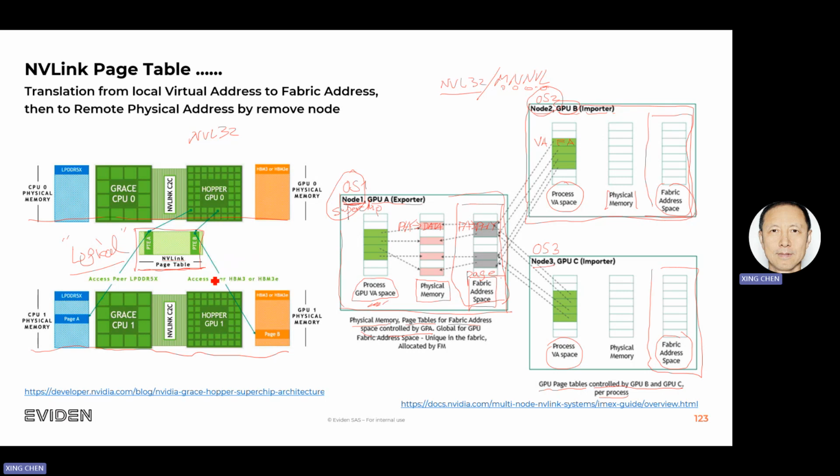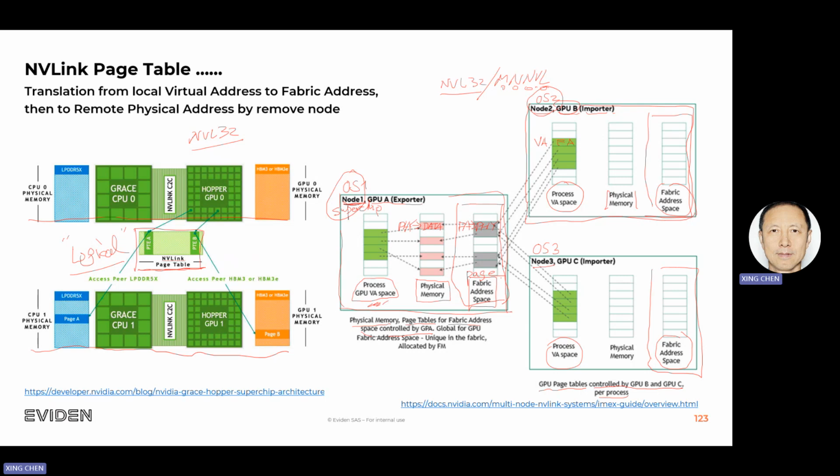Then you think, okay, this logical NVLink page table is physically distributed onto the nodes belonging to this NVLink 32 domain. And this is exactly what has been shown by this picture from the Nvidia documents.